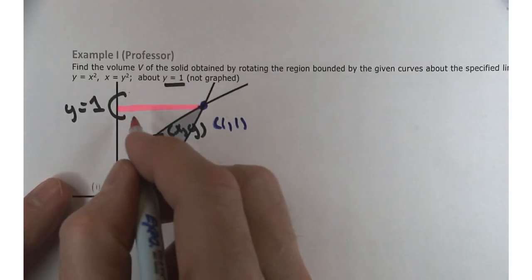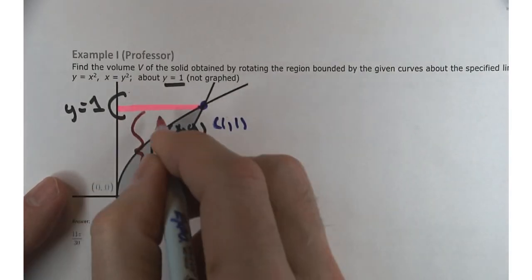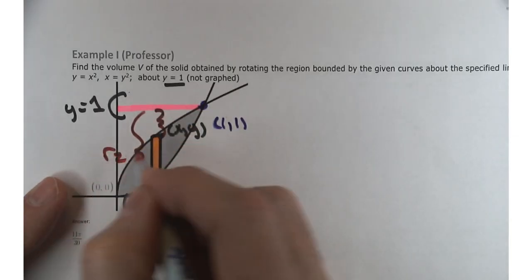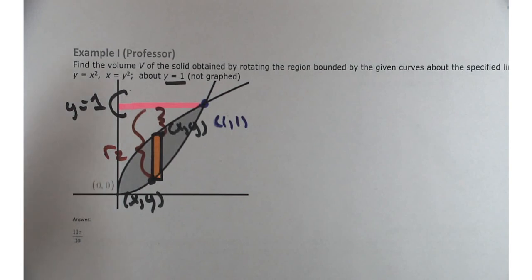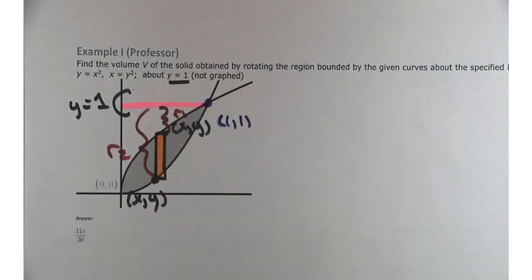I need this distance here and this one here. This is going to be my R2. That's going to be my outer radius because it's the farthest away from the axis of rotation. This is going to be my R1. So let's draw ourselves a nice little function here. A nice little washer, I should say.